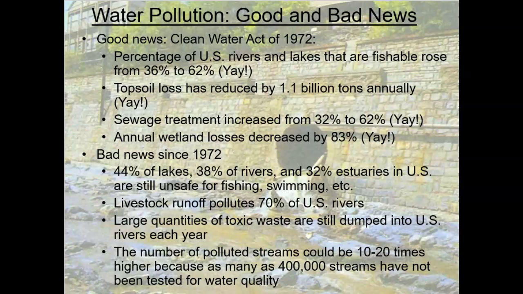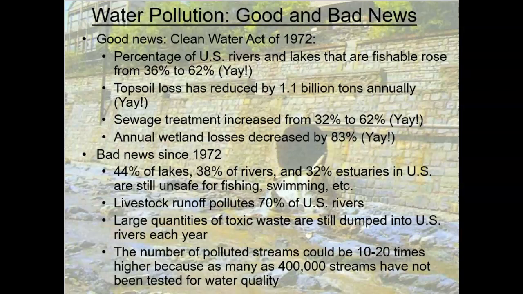Losses of wetlands have decreased by 83%, and this is great because the wetlands clean up many of these areas. In fact, there's a wetland up in Arcata in Northern California that is also their sewage treatment plant. If you're ever up there, you can really impress your date by taking her to the wetland that's also a sewage treatment plant. Won't that make that a memorable date?